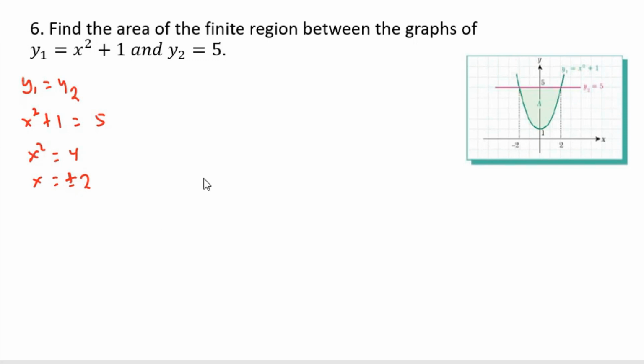After that, we are going to write the formula. Based on the graph, the upper function is y sub 2 and the lower function is y sub 1.